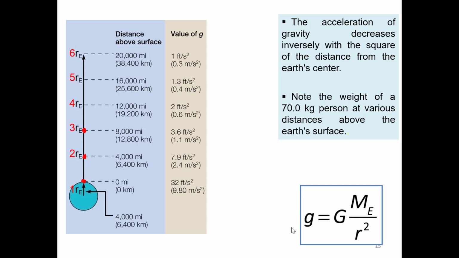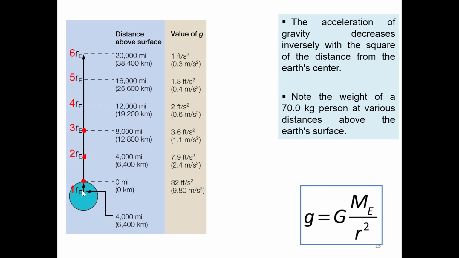Then, as I said before, this equation is important because it allows us to calculate the acceleration of gravity, not just at this point. We can calculate the acceleration of gravity at any distance.